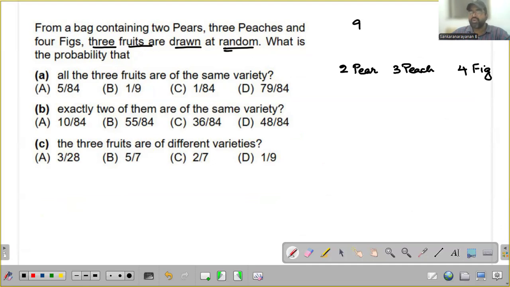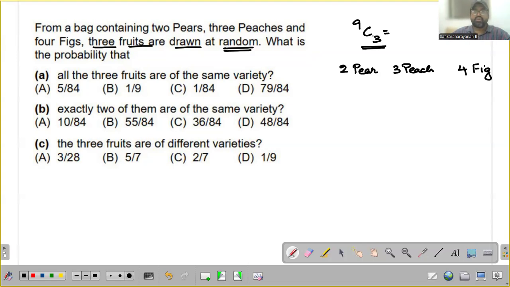Random means what? You put your hand in and then you select all 3 together. So the total number of outcomes will be 9C3. The total number of ways you can select the three fruits from 9 available is 9C3. 9C3, when you are considering, is equal to 84.